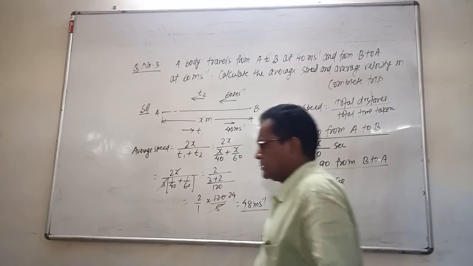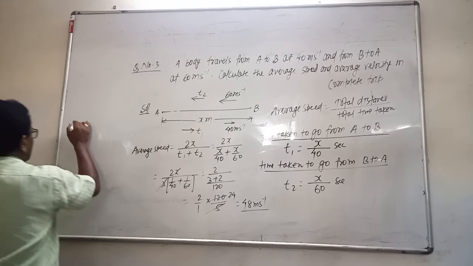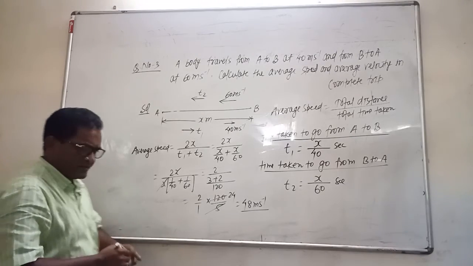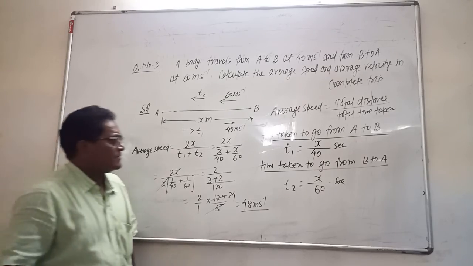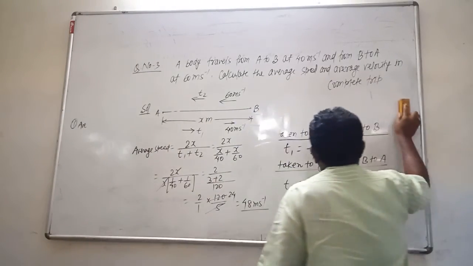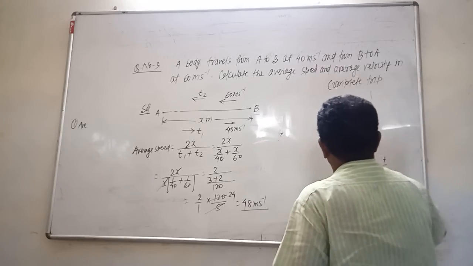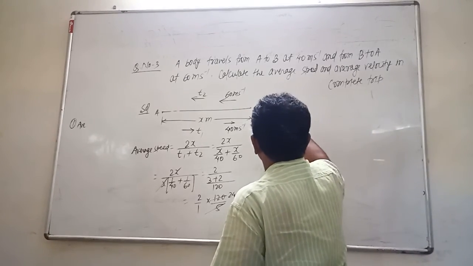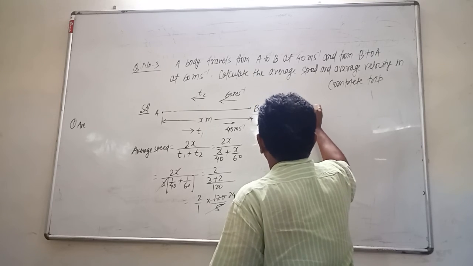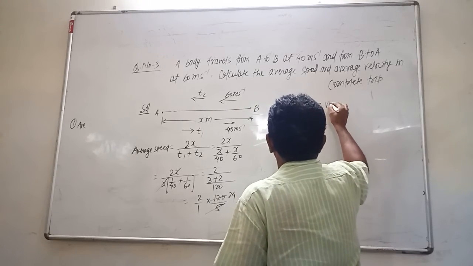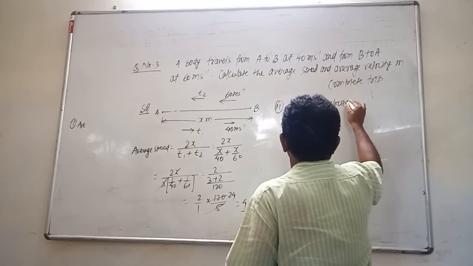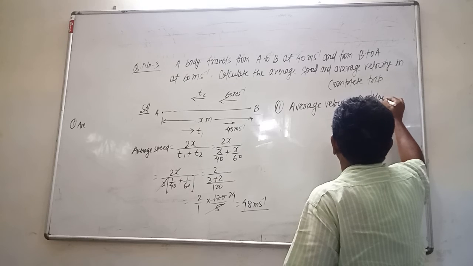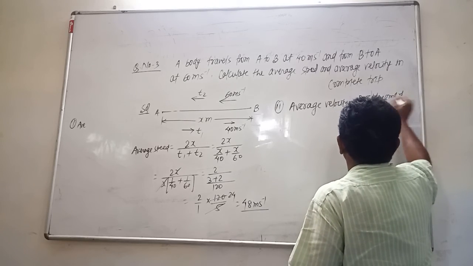Now we have to find the average velocity in a complete trip. So the formula for average velocity: average velocity equals displacement upon time.